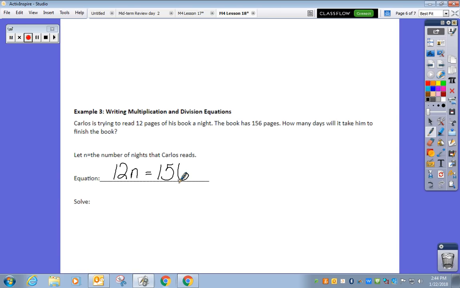So one thing that you could do here, if you weren't sure of what your equation would look like, is to make a table. We've done this. So we've got pages and then total. Oh, I'm sorry, this should be days. Or nights, actually, for n, nights. I guess I should stay with what it has. So if it's night 1 and he's reading 12 pages per night, that means a total of 12 pages.